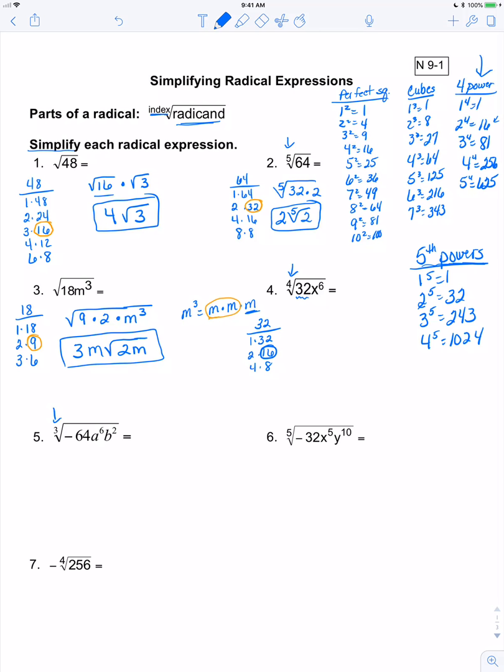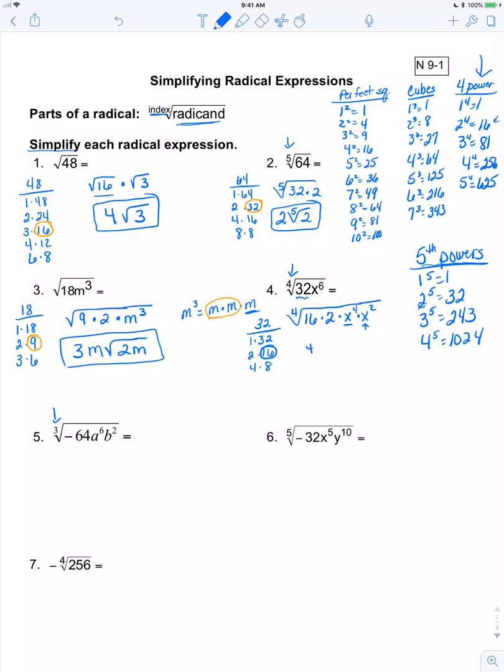So that is the 4th root of 16 times 2 times, okay, let's break that x to the 6 down. We know he's got to have 4 friends to come out with, right? So in order to come outside of that radical. Well, remember when we multiply those exponents, we add the exponents. So x to the 4th times x squared is the same thing as x to the 6th. Well, this one, he's got 4 friends, so he gets to come out as an x, but this one has to stay inside because he doesn't have enough friends.